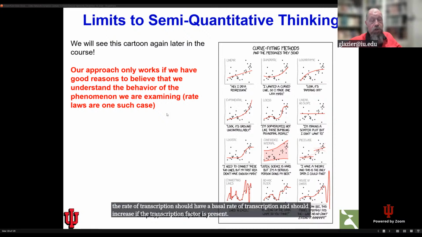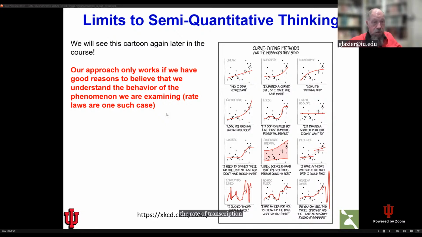The rate of transcription can't get too high because you're limited by the rate of the polymerase. So those kinds of arguments from the physical limitations of the system mean that you can't be quite as free as they are here in the cartoon with coming up with the thing that you want.